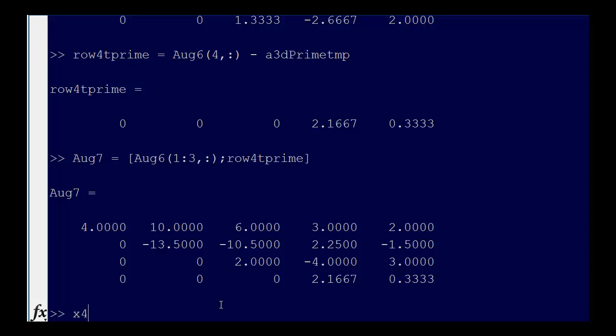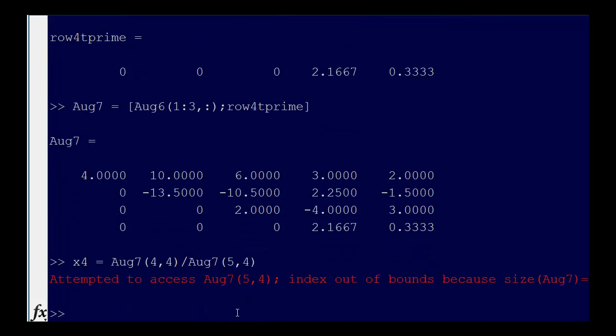So x3 or x4 equals og7, and that'll be the 4 divided by this. So that's divided by og7 5 4.